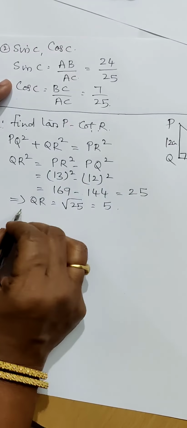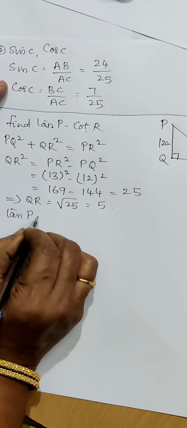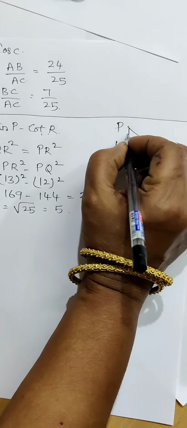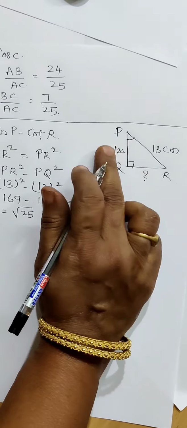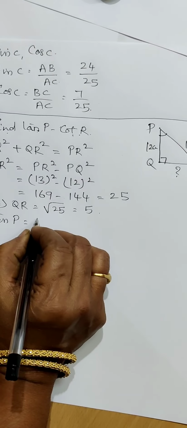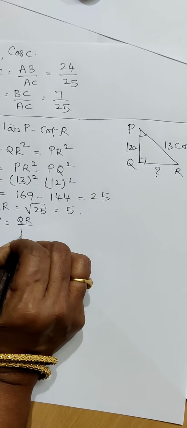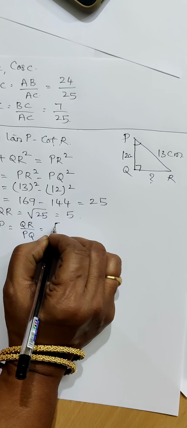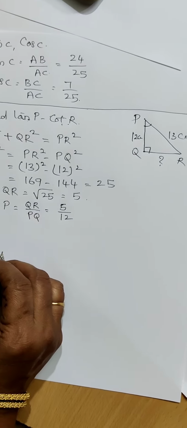Now tan P. What is tan P? Tan P is equal to opposite by adjacent. Opposite by adjacent means QR by PQ. QR is 5. 5 by 12.